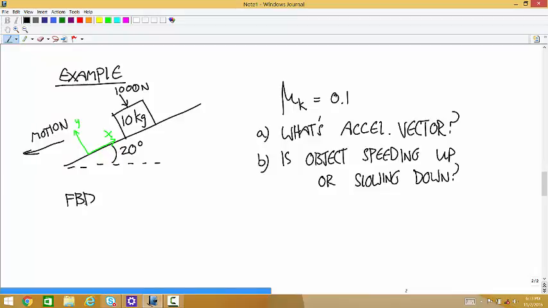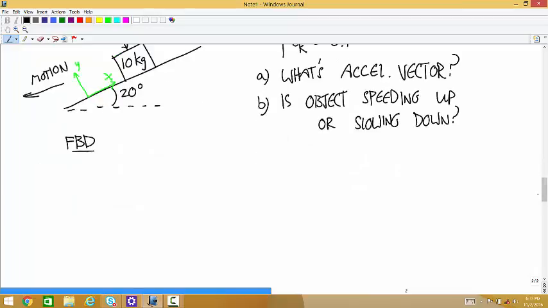And so let's draw a free body diagram of the block. Okay, so there's a weight force. So 98.1 down. And then there's the 1,000 Newton force being applied to the top. Then there's the pushing force from the ground.